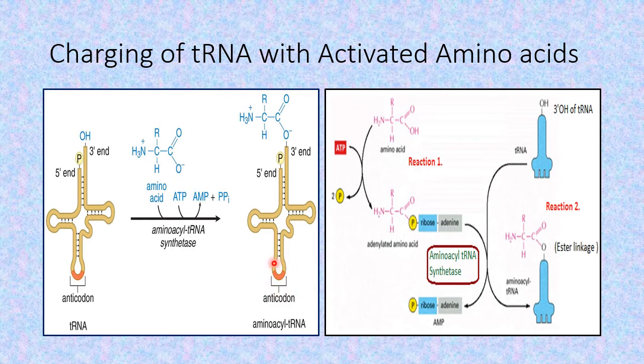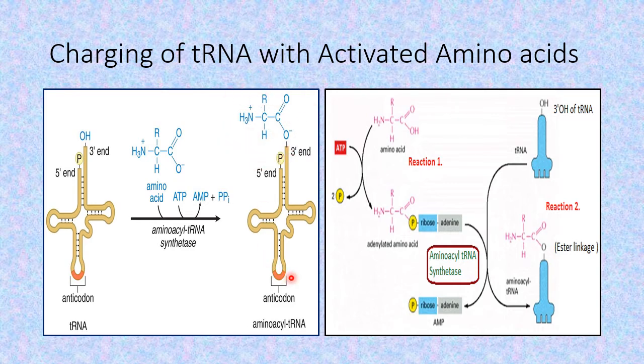This part of the transfer RNA has the anticodon, which is complementary to the specific codon present on the messenger RNA, and its 3' end with the 3' hydroxyl group on the ribose sugar gets attached to this amino acid.